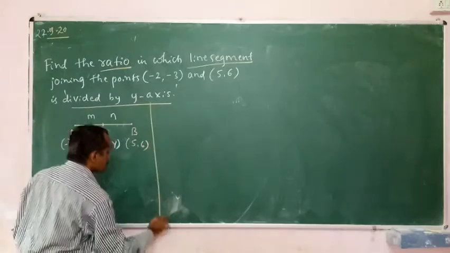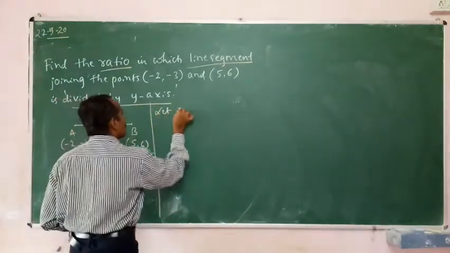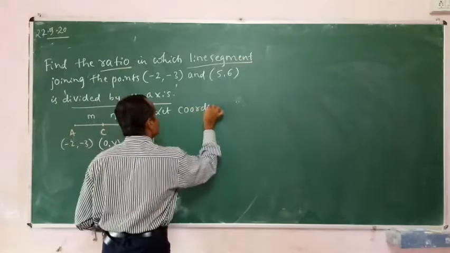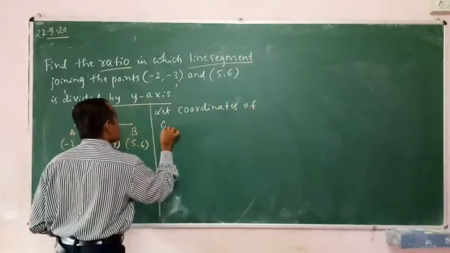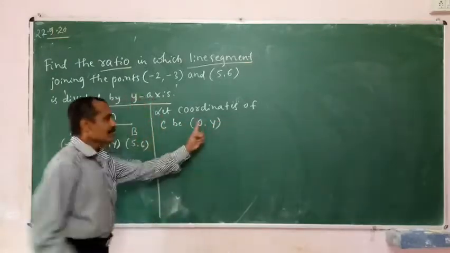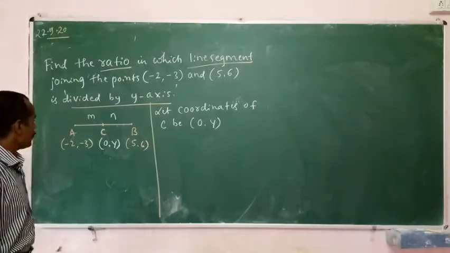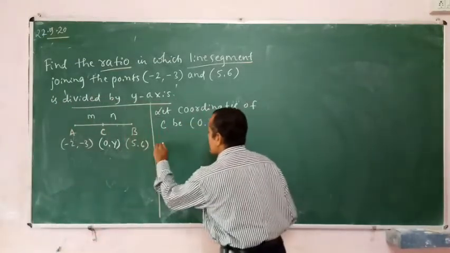Come on. I will say, start like this. Let the coordinates of C be 0, y. Why? This is on the y-axis. Okay. Now I will apply the section formula.